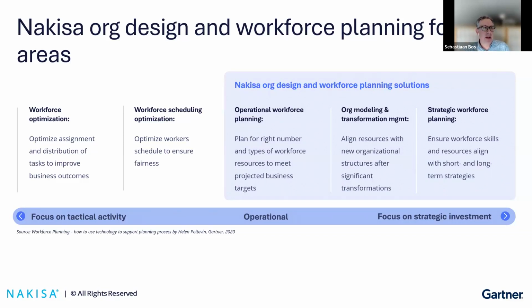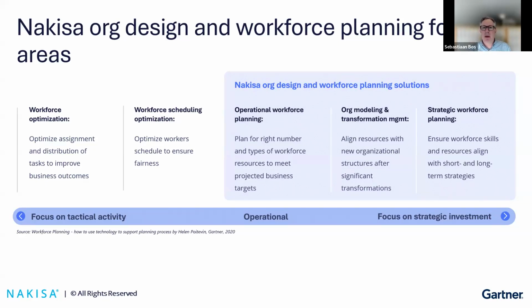On the left-hand side, you've got your workforce optimization and scheduling. But then on the right-hand side, you've got that operational workforce planning, the day-to-day projects, making sure that you've got the right people in your team as managers. Then the org modeling and the transformation.